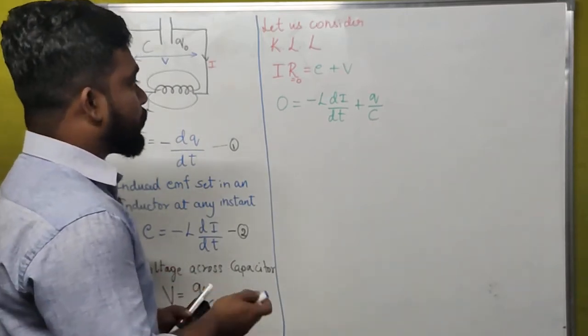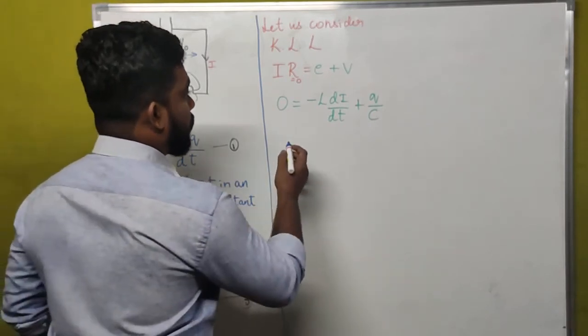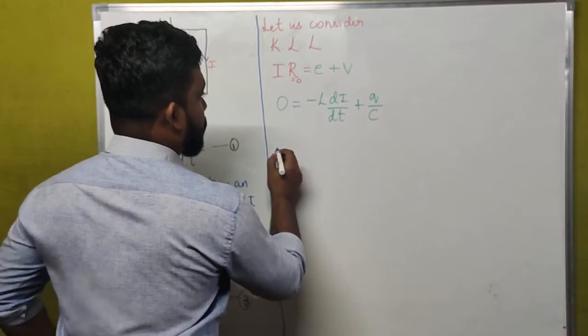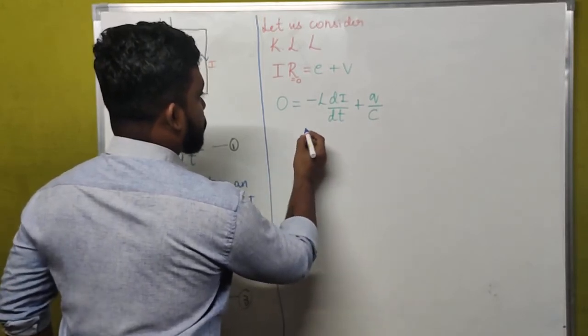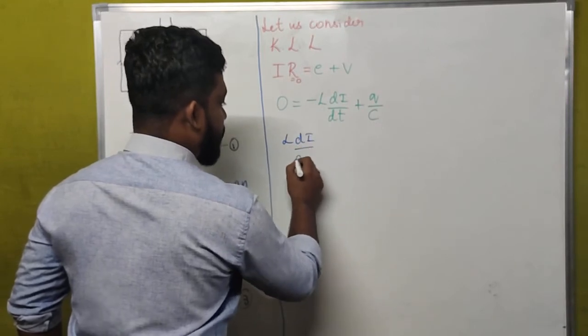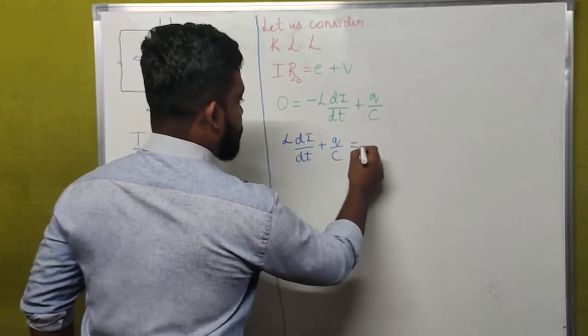Now what I am going to do is consider this equation as L into di divided by dt plus Q divided by C equals 0.